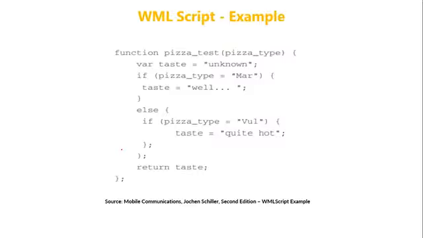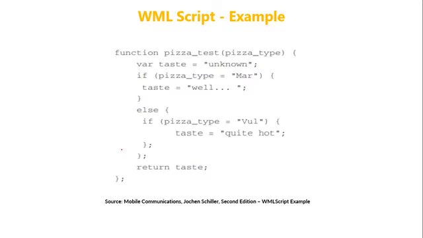Here we are discussing one example code using WML script. Here is the function pizza test, which accepts one value as input, and the local variable taste is initialized to the string unknown initially.